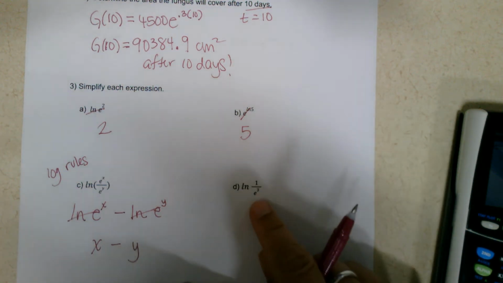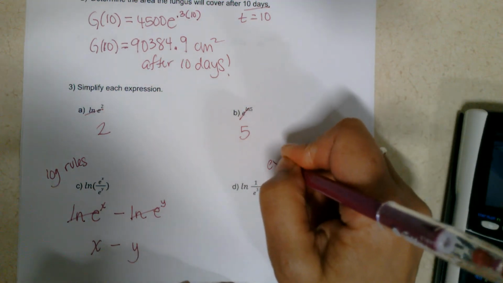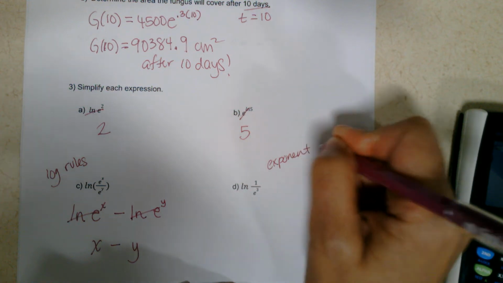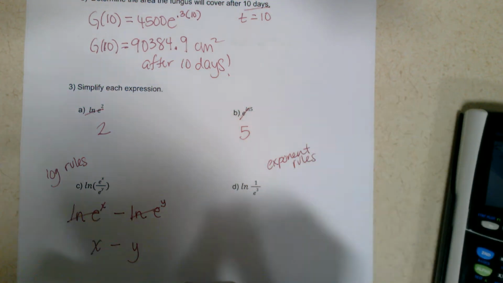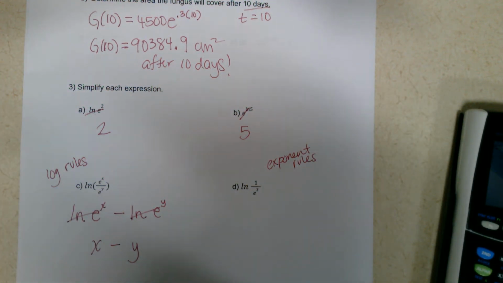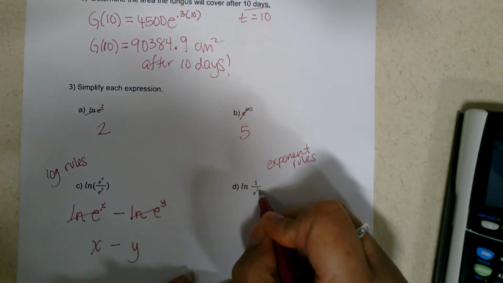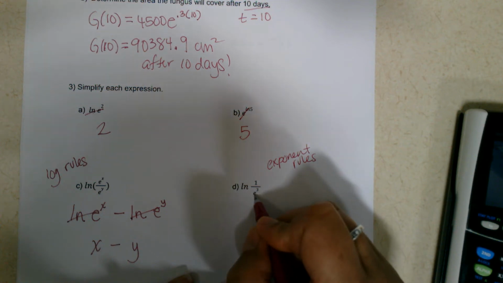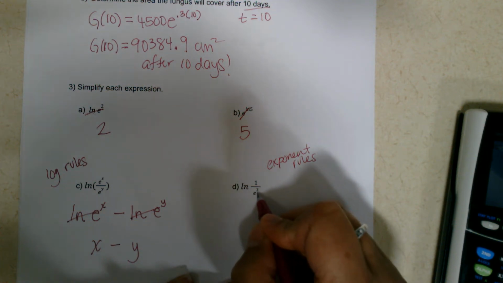This one, it's in the numerator. We have to remember our exponent rules. And this is why it was really important to go through those last few concepts of exponents and logarithms and understand, because we need to use those rules now. And if you don't remember the rules, take out your worksheets or go back over the videos. So here our exponent rule says this e to the 3 is in the denominator.